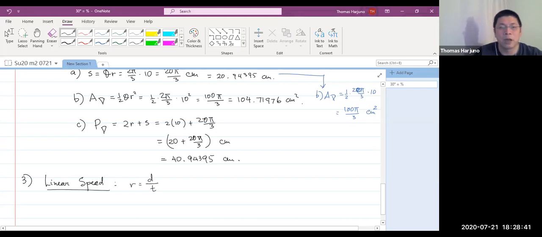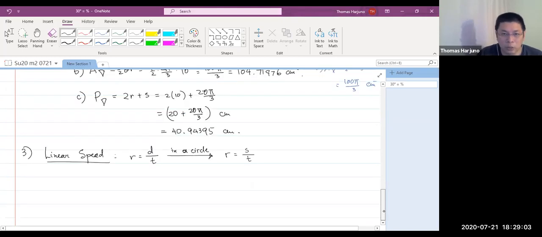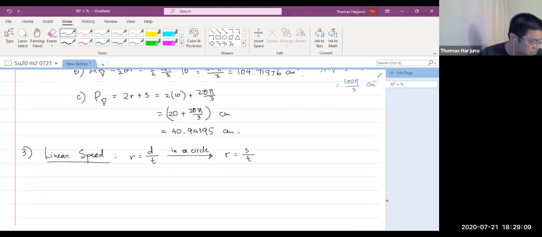But in this circle, the distance becomes the arc length divided by time. Now, this rate, we usually use r to represent that speed, and our textbook uses r also. That's linear speed.